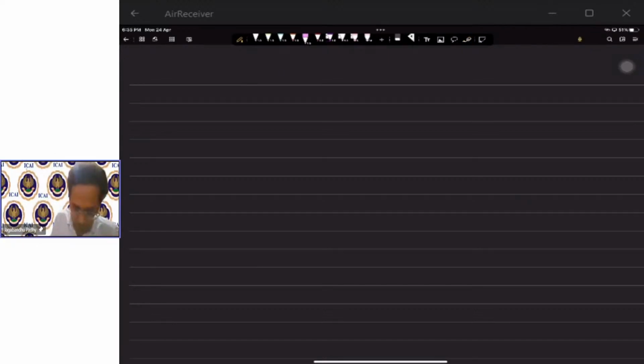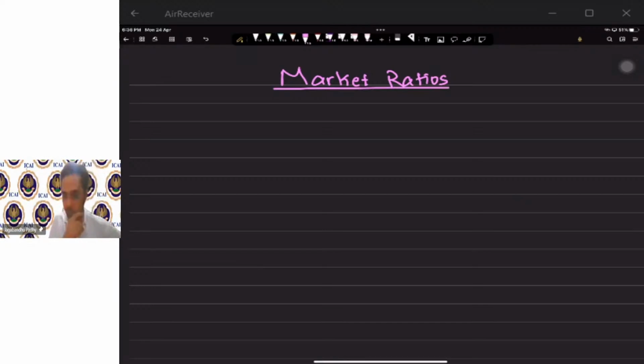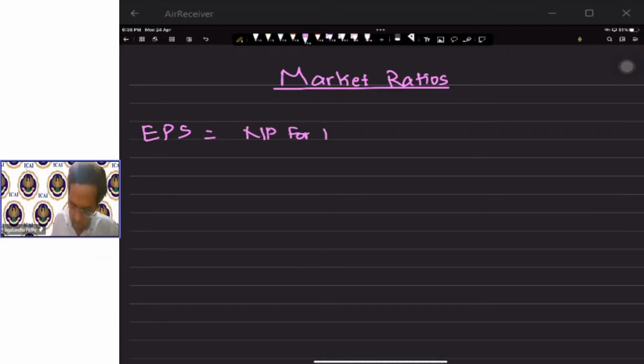Okay. Let's look at the market ratios now. In case of market ratios, the first ratio that we have is earnings per share. So as the name says, earnings per share, it is net profit for equity shareholders upon number of equity shares. Simple.